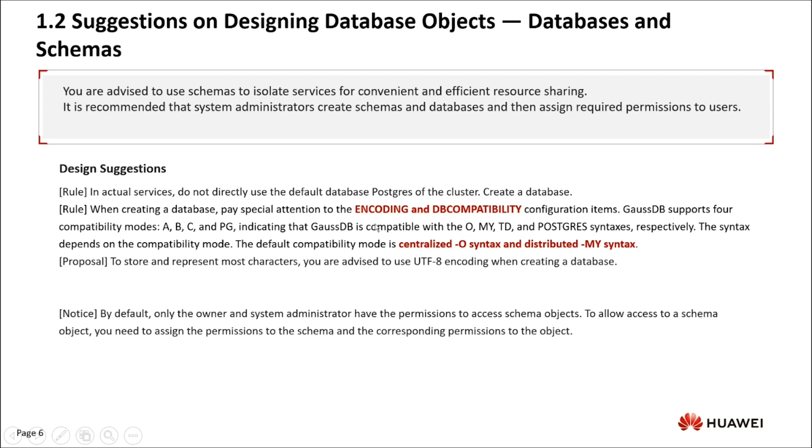GaussDB supports 4 compatibility modes, which is A, B, C, and PG, indicating that GaussDB is compatible with the Oracle, MySQL, Teradata, and Postgres syntaxes. The syntax depends on the compatibility mode. And here, the default compatibility mode is Oracle for a centralized cluster and MySQL for a distributed cluster.